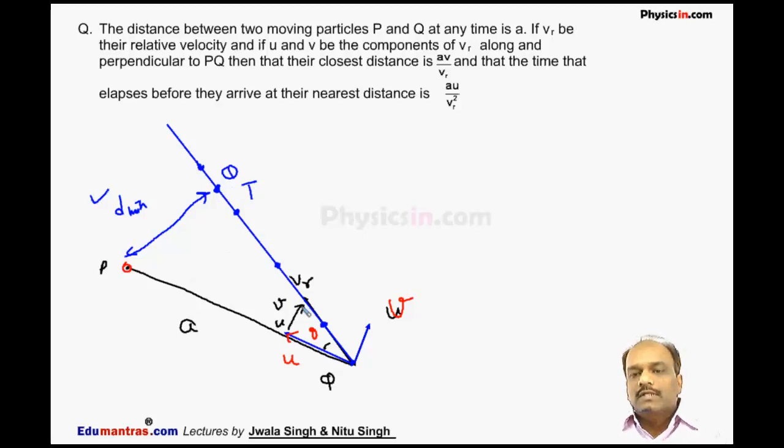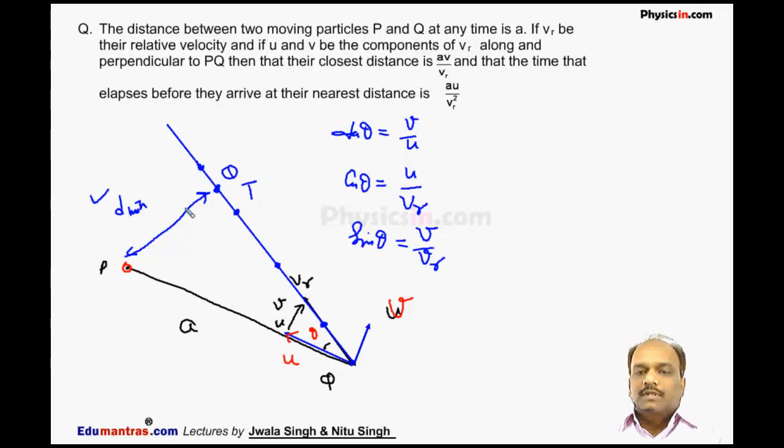Now from this smaller triangle I can say tan theta is equal to V by U. Cos theta is U by Vr, and sin theta is V by Vr.